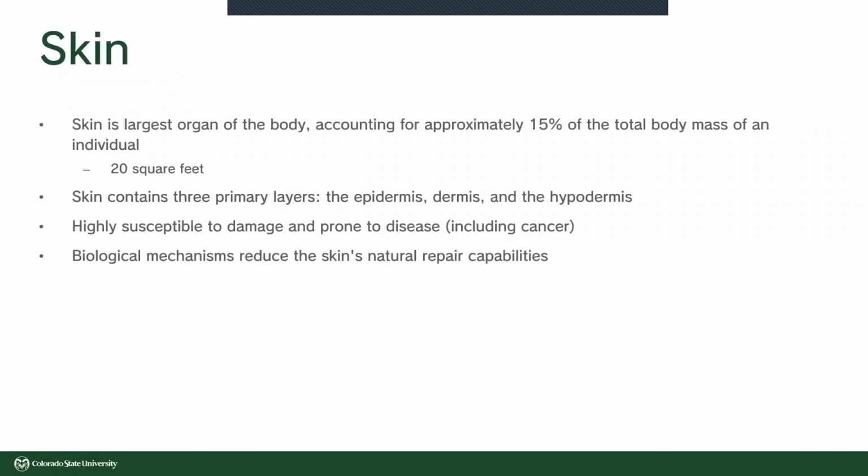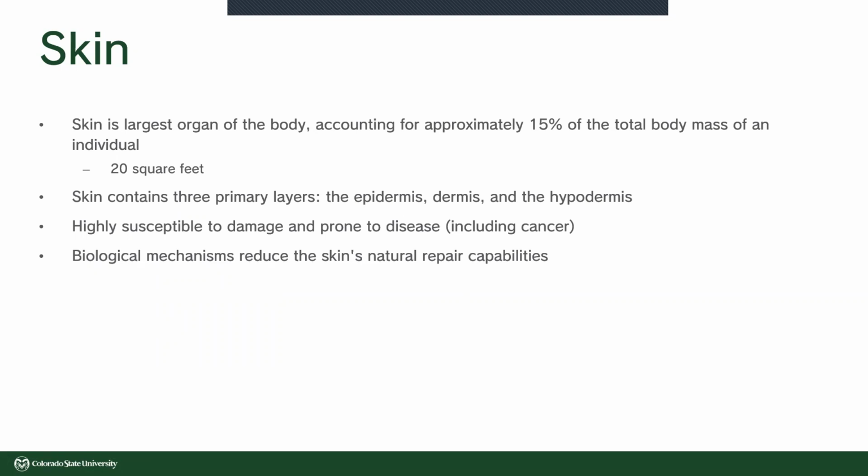So skin, we're already quite familiar with skin. But it is the largest organ in the body, accounting for approximately 50% of the total mass of an individual. And if you lay this out, it's about 20 square feet. Skin contains three primary layers, the epidermis, dermis, and hypodermis. Because of the large amount of surface area and it's the initial barrier to protect us against things like sun and chemicals, it's really susceptible to damage and prone to disease, including cancers.